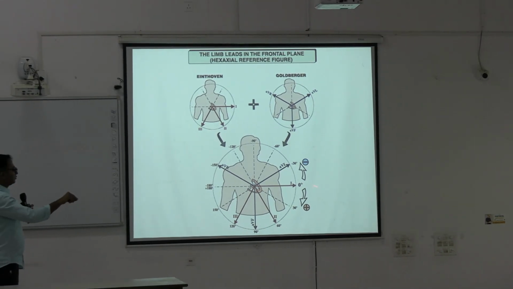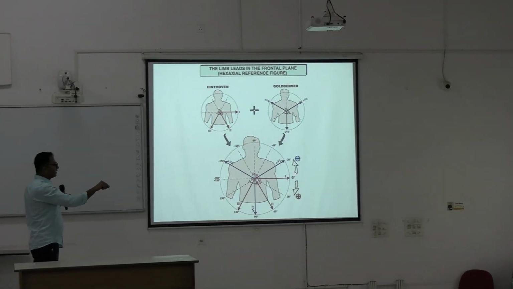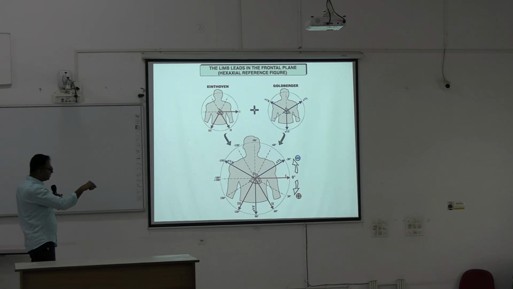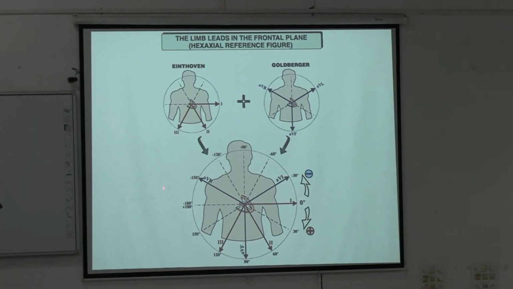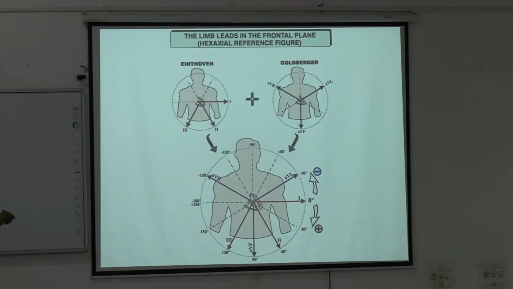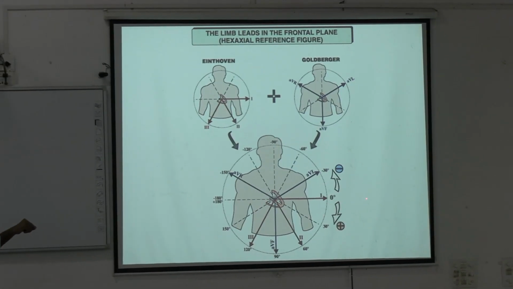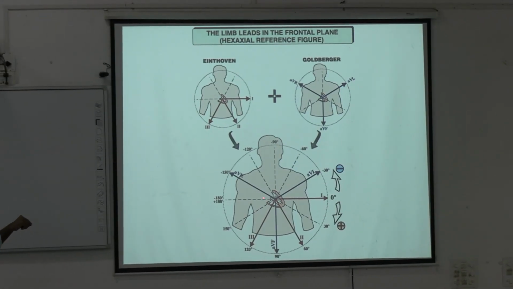Everyone remember this picture. We start here at 0 degree. This is the positive direction and this is the negative direction. So lead 1 is located at 0 degree, lead 2 is located at 60 degree, lead 3 at 120 degree, right?